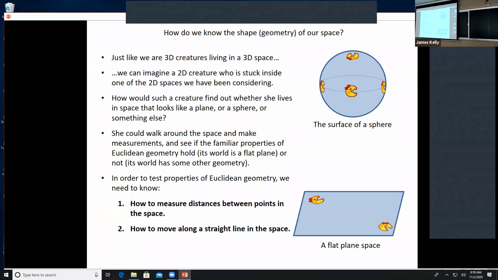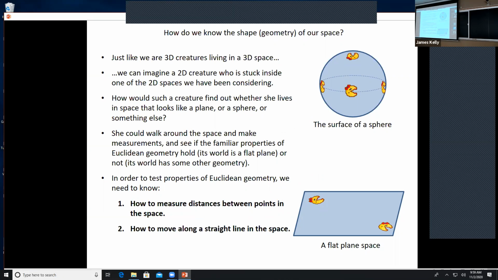Okay, so in order to test the properties of Euclidean geometry, we have to know two things. First of all, what it means to measure distances, because she is going to determine what kind of space she's in by measuring distances and maybe some angles. Presumably she knows how to measure angles, but it's not clear how to measure distances in this space up here. We need to specify that.